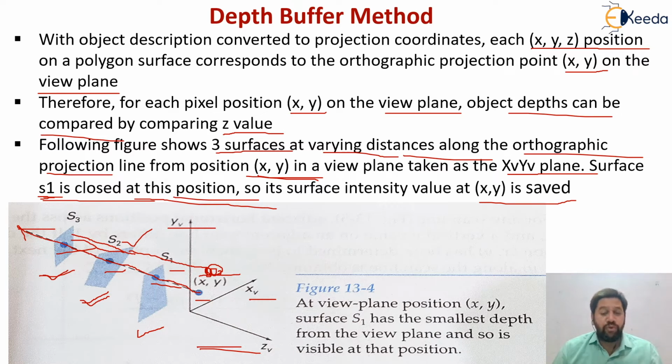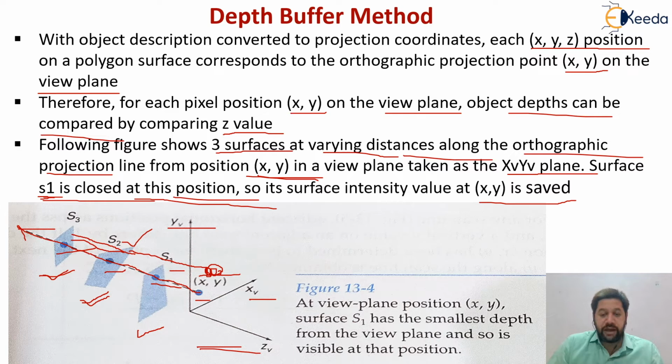The Z value of the polygon or surface which is closer to my XY plane, or I say which is maximum between S1, S2 and S3, maximum between all the polygons, is what I use to display the XY position or the point on my viewing plane, with the polygon whose Z value is maximum. This is what this particular diagram shows.